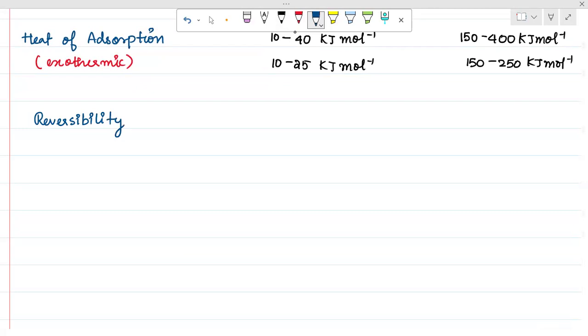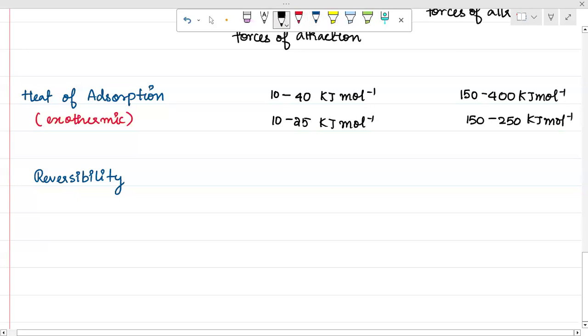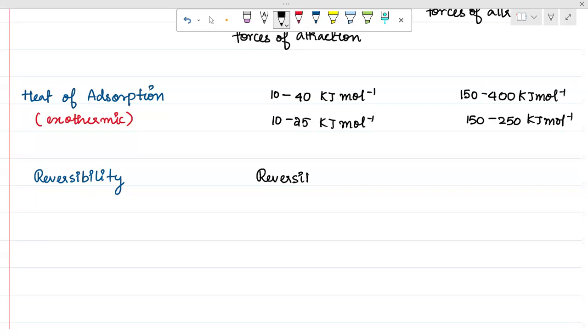Reversibility means, you write it down over here, then I'll explain. Physisorption undergoes reversible reactions because no surface compounds are formed.